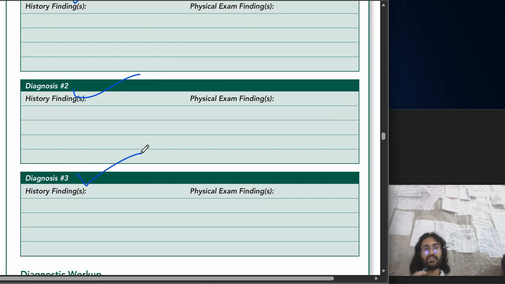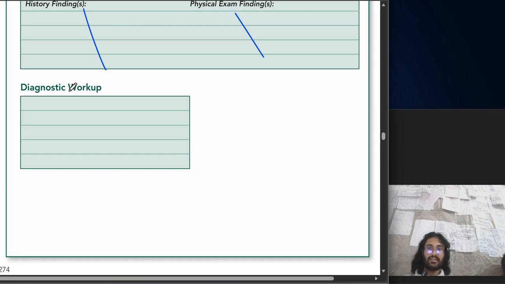Differential diagnosis is nothing but what all possible reasons can be there for the patient not having periods, like in this case she's not getting periods. Okay, so what can be the reasons, all that should be written here. So history finding, physical exam, history finding, physical exam. Okay, then your diagnostic workup, your CBC, your urine test, your LFT, RFT, whatever you have advised.